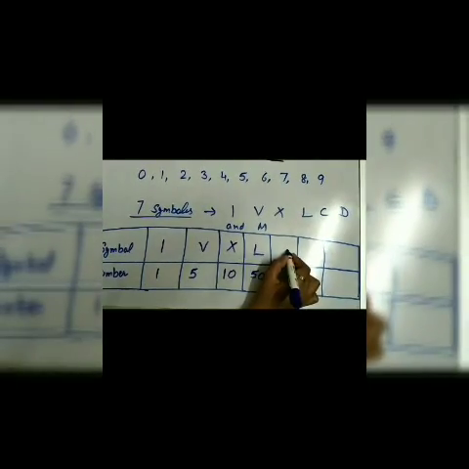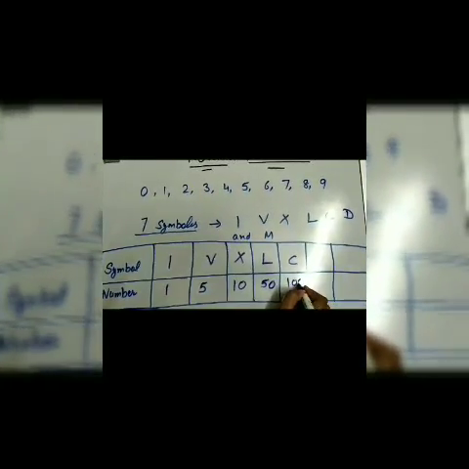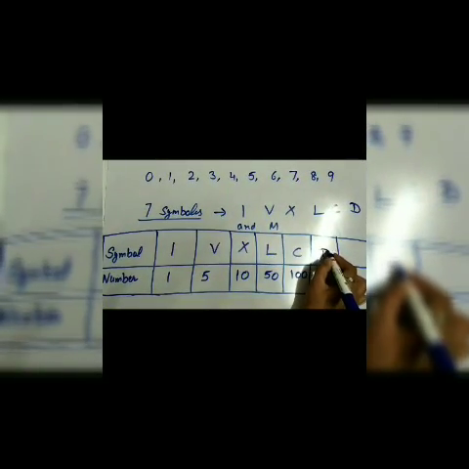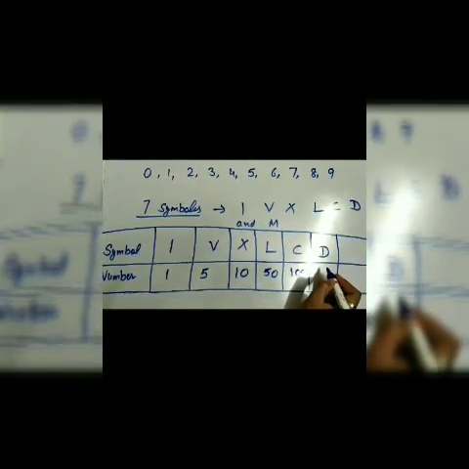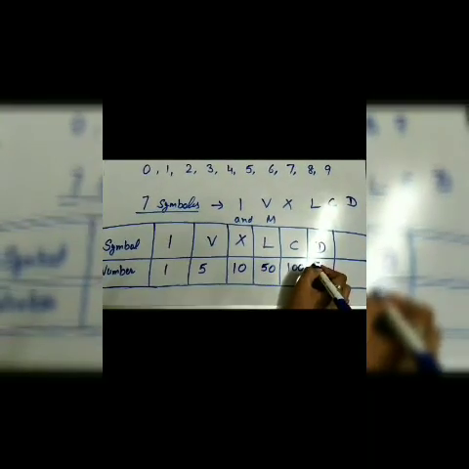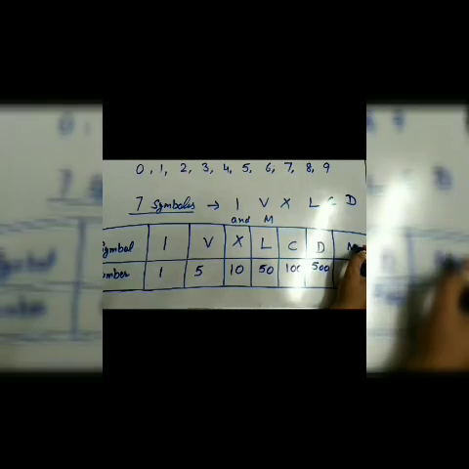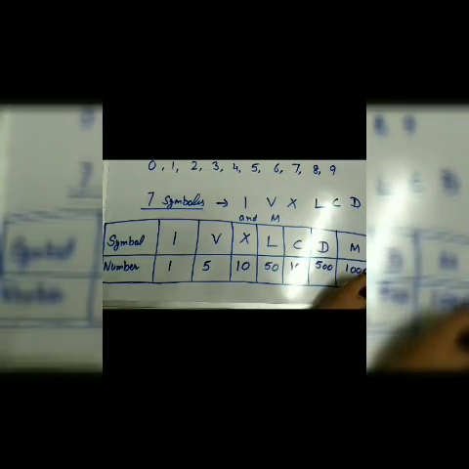L, the value of L is 50. C means 100. The next, D, the value of D is 500. Then M, the value of M is 1000.